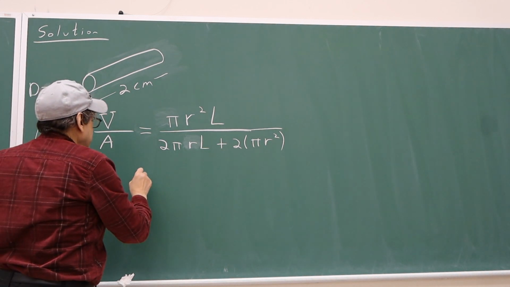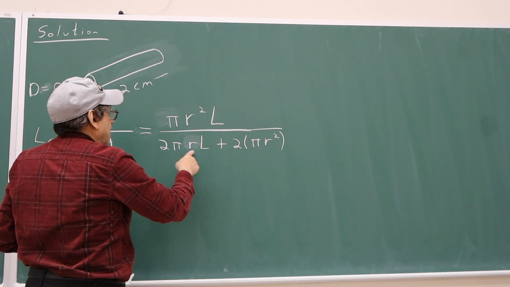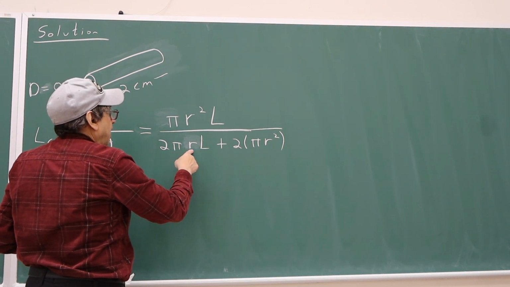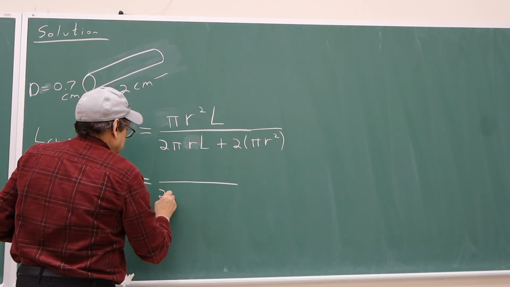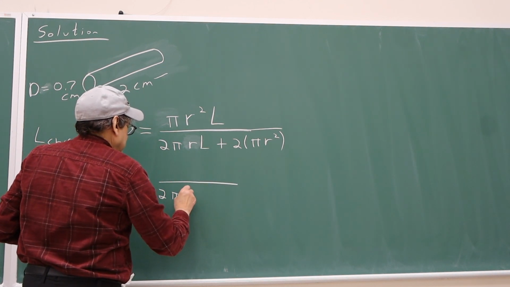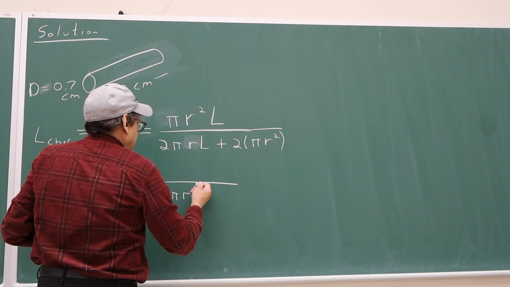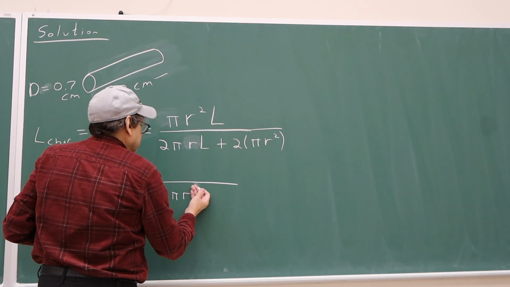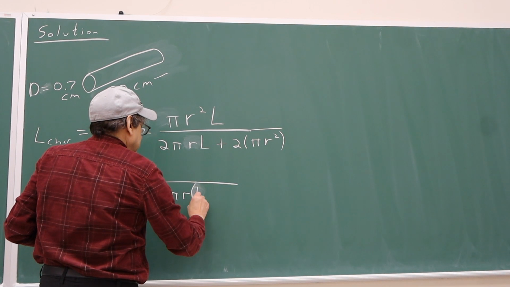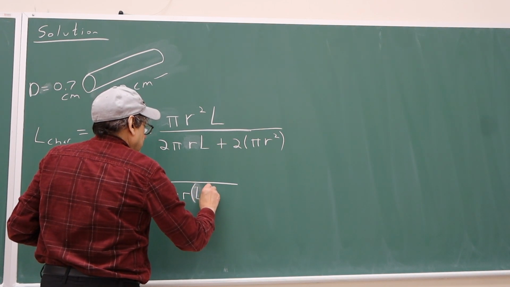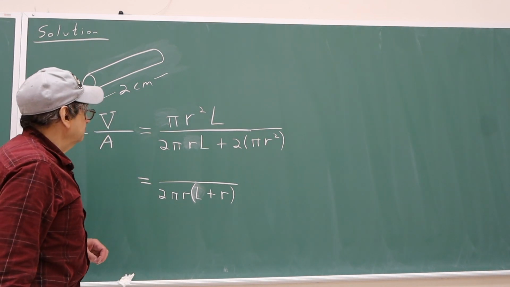Now we can reduce this, and we could factor out 2 pi and an r in the denominator. And that's going to leave us with an L plus an r like that.